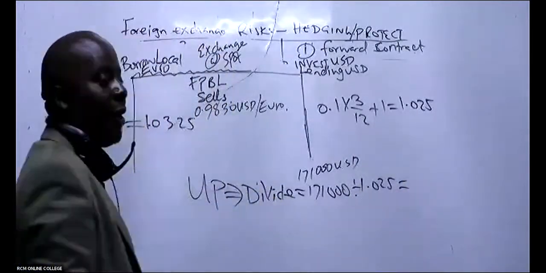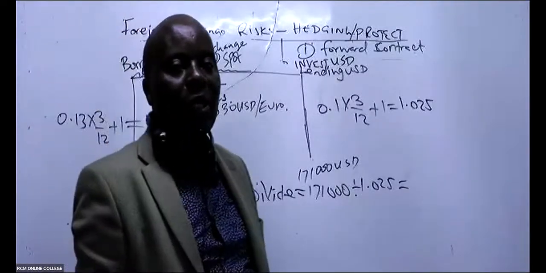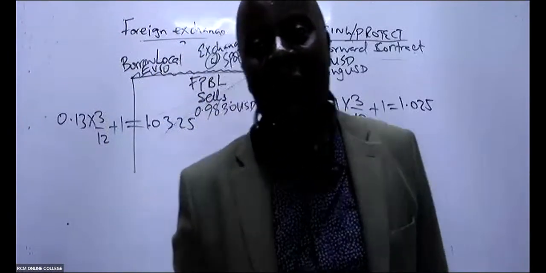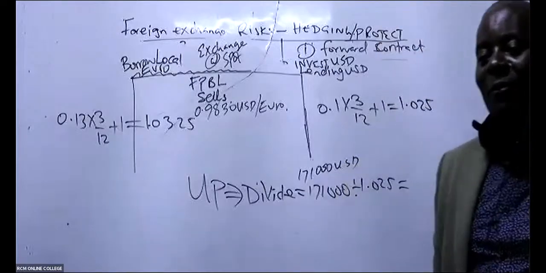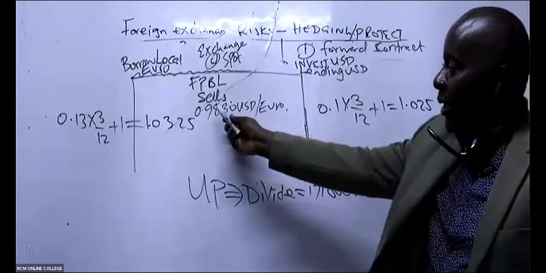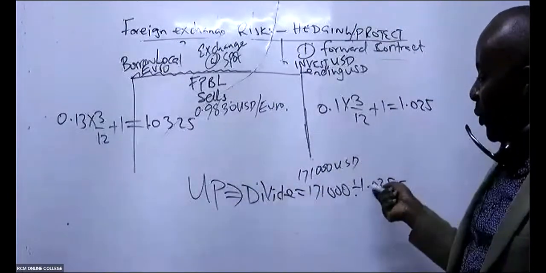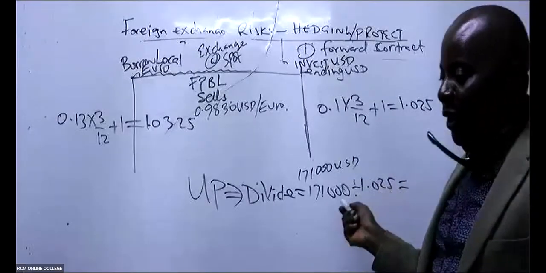Please give me this number. And remember, when you go to money markets, you are a rich person. In money markets, you don't use decimal places, apart from the exchange rates. The amounts, we don't use decimal places.